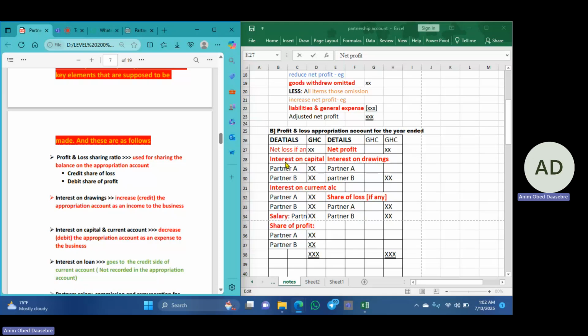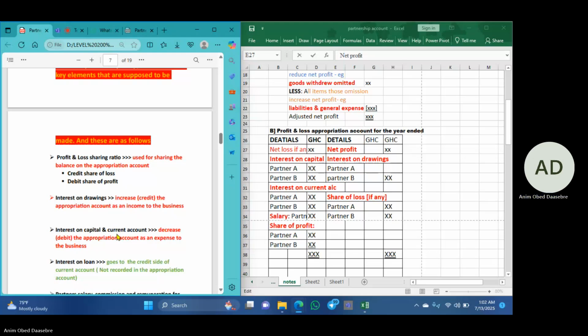Right? And we also have interest on capital being debited to the appropriation accounts.